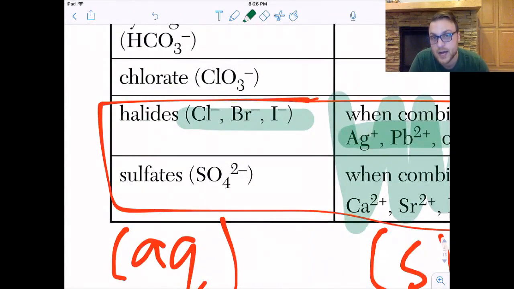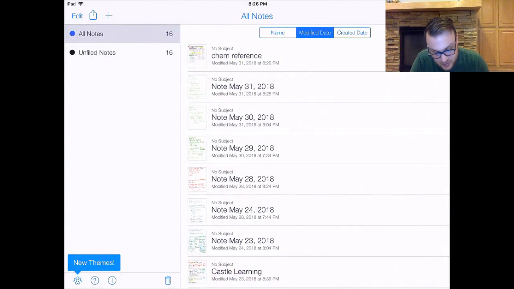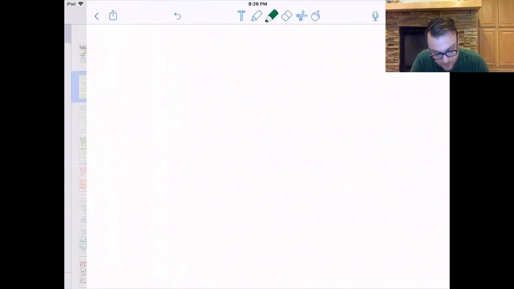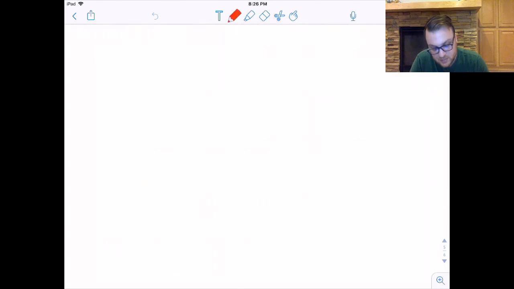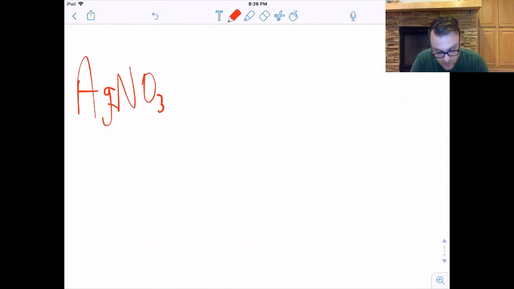which means it doesn't dissolve. So you'll see this a lot in a chemical reaction, and you'll see this most in a double replacement reaction. Let's say you're reacting AgNO3 with NaCl. Ag is a positive charge, NO3 is a negative, Na is a positive charge, Cl is a negative.